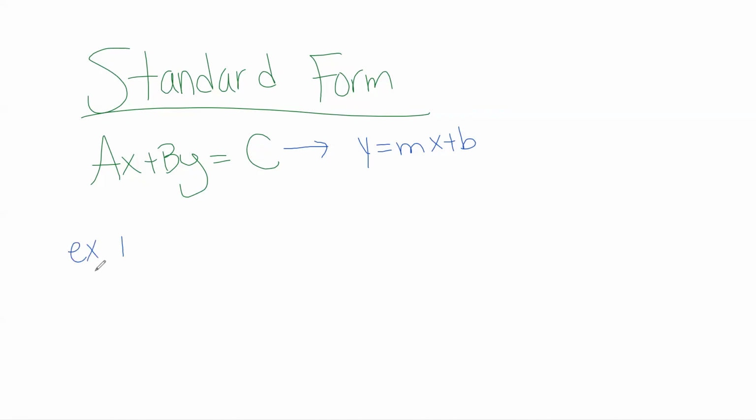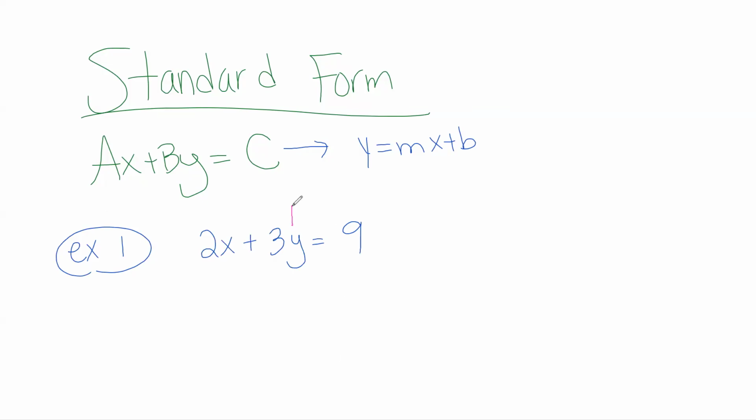Okay, so this will be example 1 of this type. 2x plus 3y equals 9. Now that's a line, and it's a fine line, but I just can't immediately graph that. That's in standard form. Let's Cinderella and turn it into the pretty slope-intercept form.